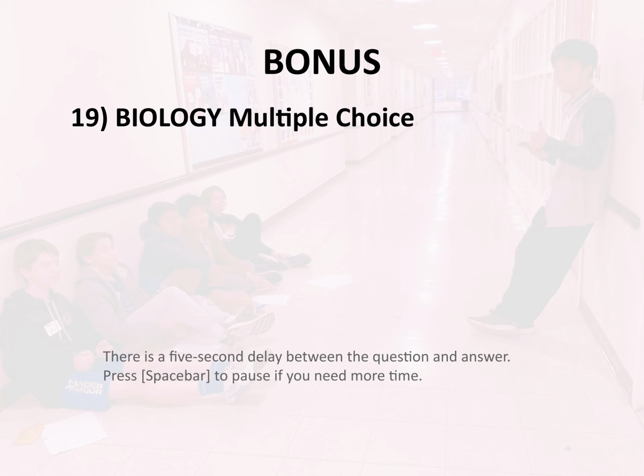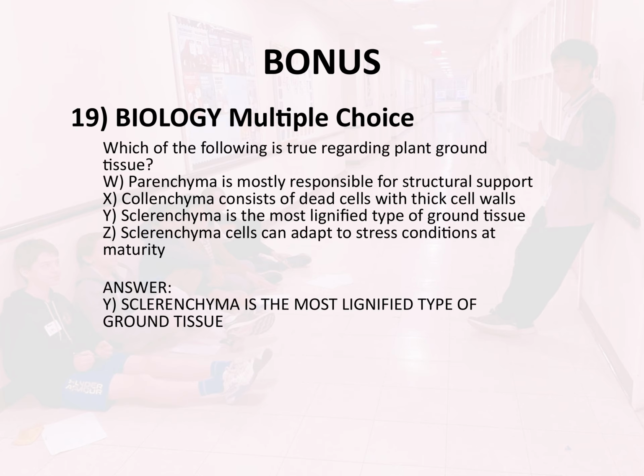Y. Sclerenchyma is the most lignified type of ground tissue. Z. Sclerenchyma cells can adapt to stress conditions at maturity. Answer: Y. Sclerenchyma is the most lignified type of ground tissue.